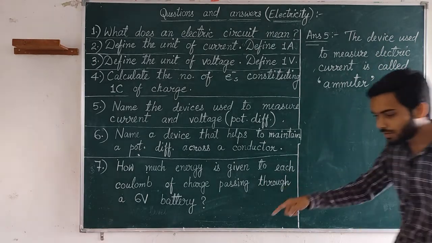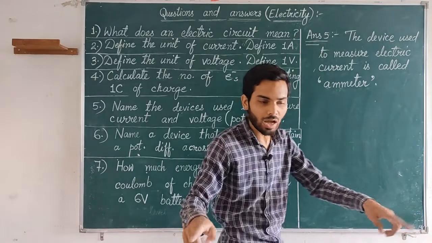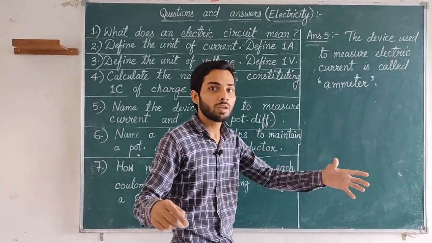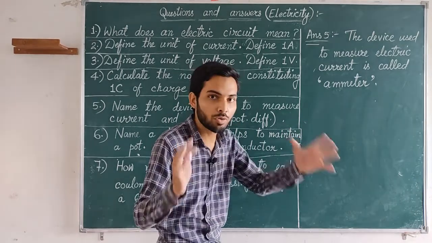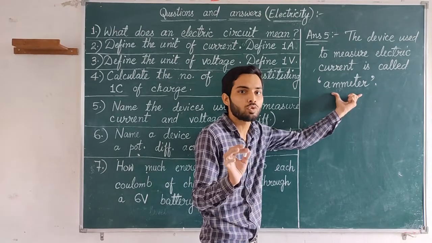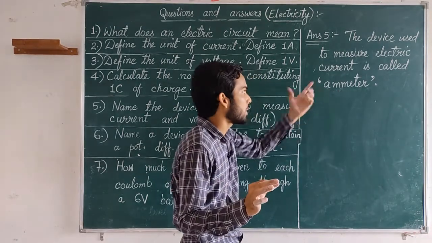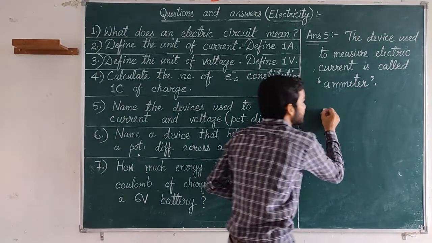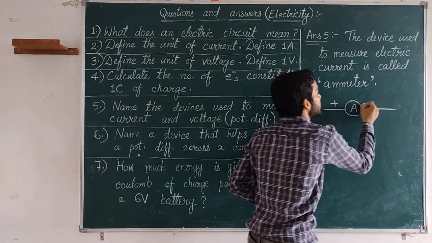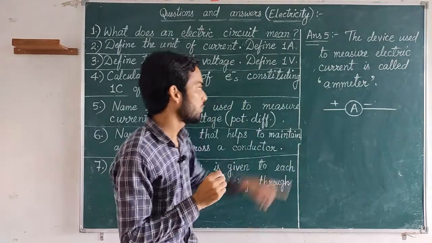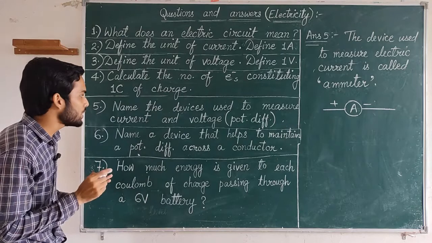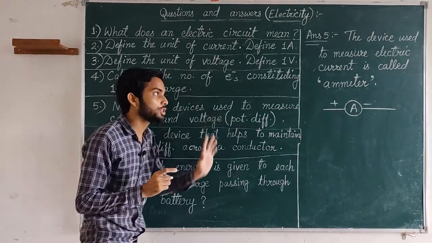If in a circuit we want to measure how much current is flowing, then we can measure that amount of current with the help of an ammeter. This is an electrical instrument. Okay, and we can symbolize it like this. This is the symbol of ammeter. Okay, and what is the device which is used to measure voltage or potential difference?